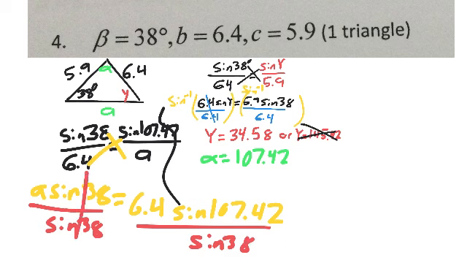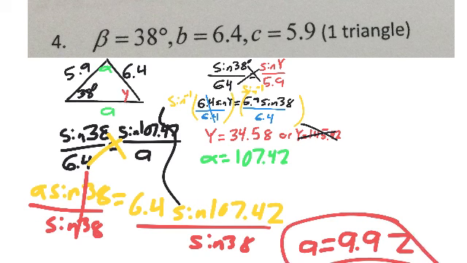Now A is isolated, so I put that in my calculator. 6.4 times sine of 107.42 divided by sine of 38. I get that side length A has to be 9.92 length. So I now know gamma, alpha, and side length A.